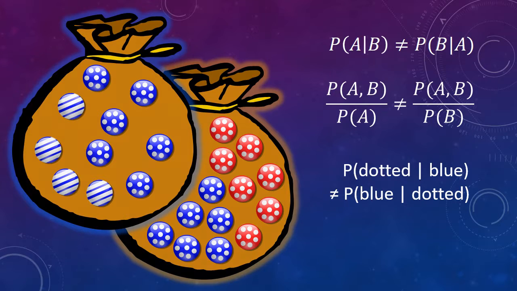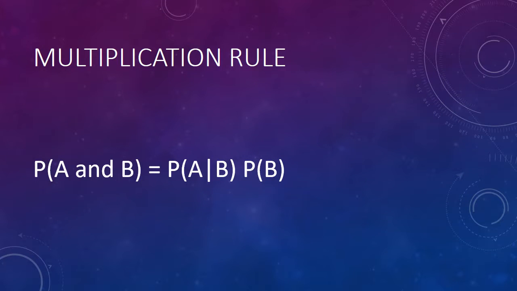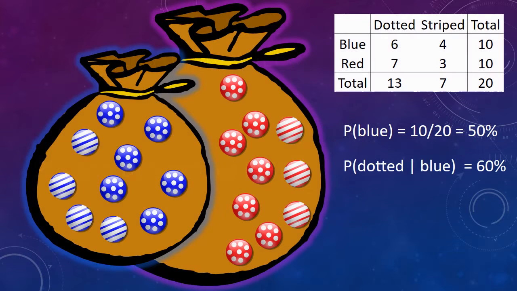Conditional probabilities are incredibly useful for finding the probability of complex combinations of outcomes due to something called the multiplication rule. The multiplication rule says that the probability of A and B is equal to the probability of A given B times the probability of B. Let's see how this formula works using our marble example. We know that the probability of a marble being blue is 50%, and the probability of a marble being dotted given that it's blue is 60%.